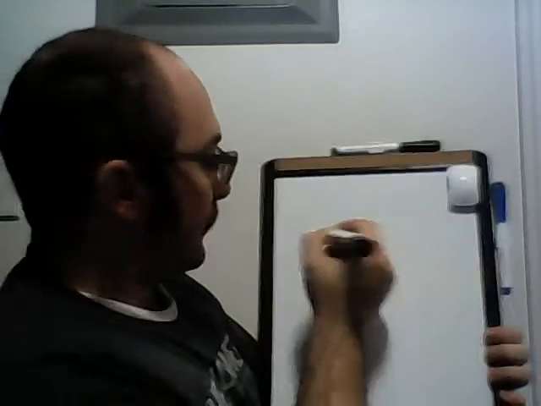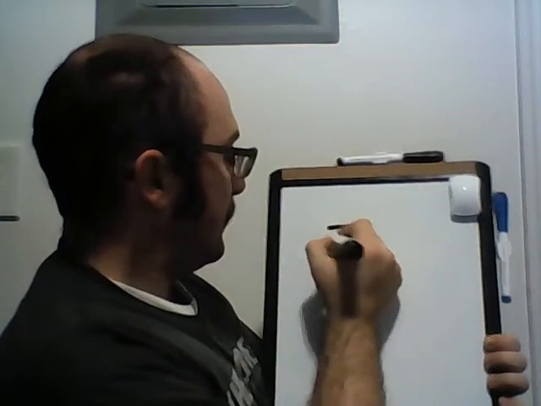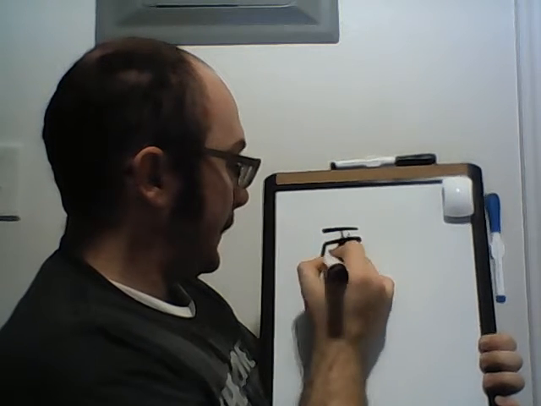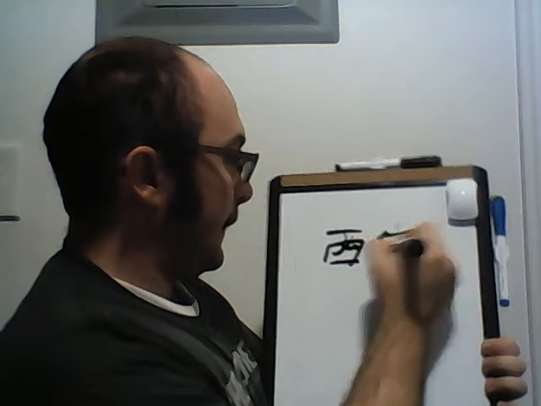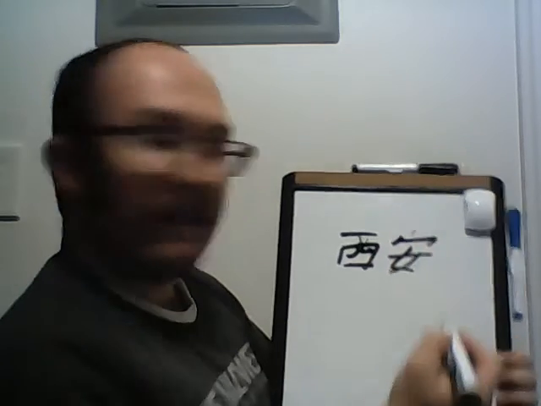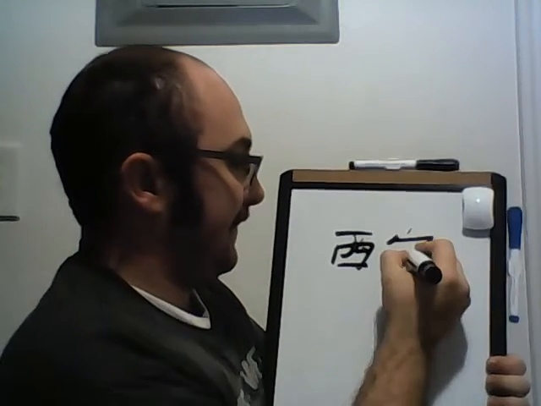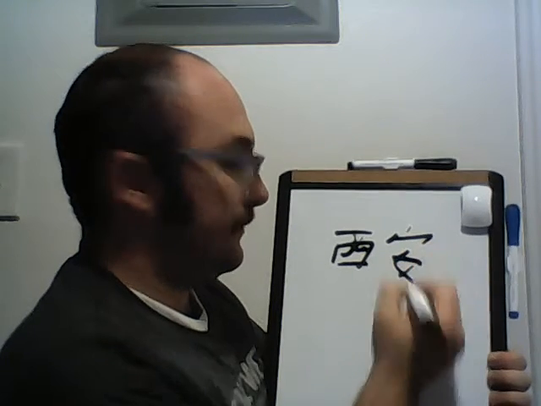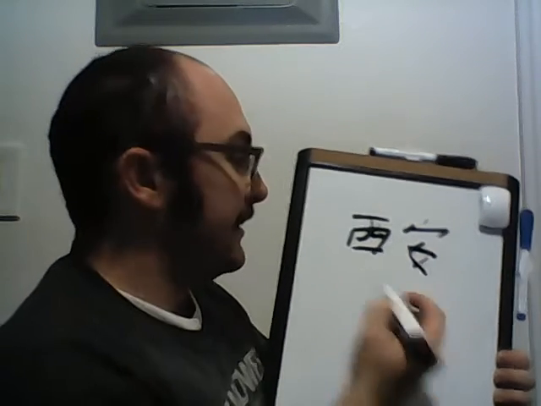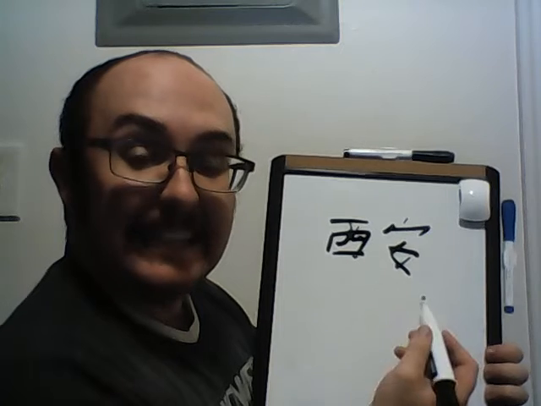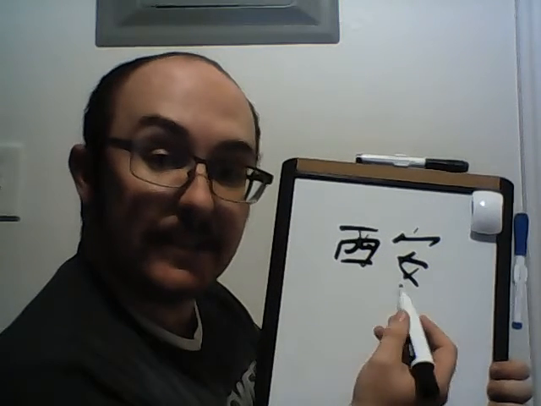Now, this becomes necessary when you have a word like Xi'an. It's a city in central China.